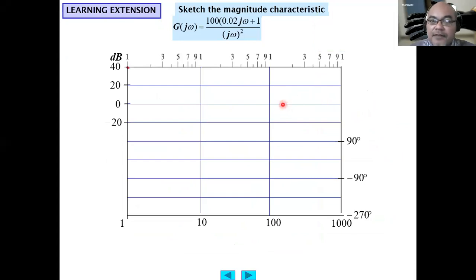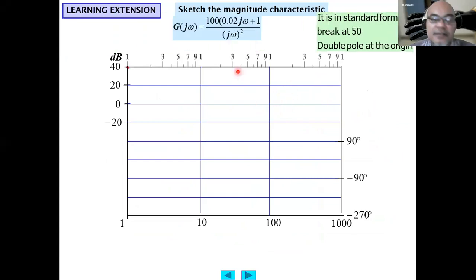Now we have this one, another example. The transfer function is 100 times (0.02 j omega plus 1) divided by (j omega) squared.